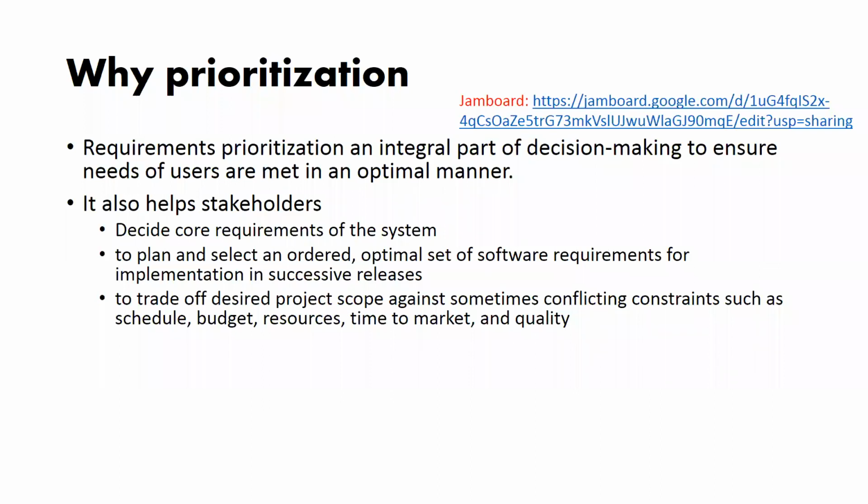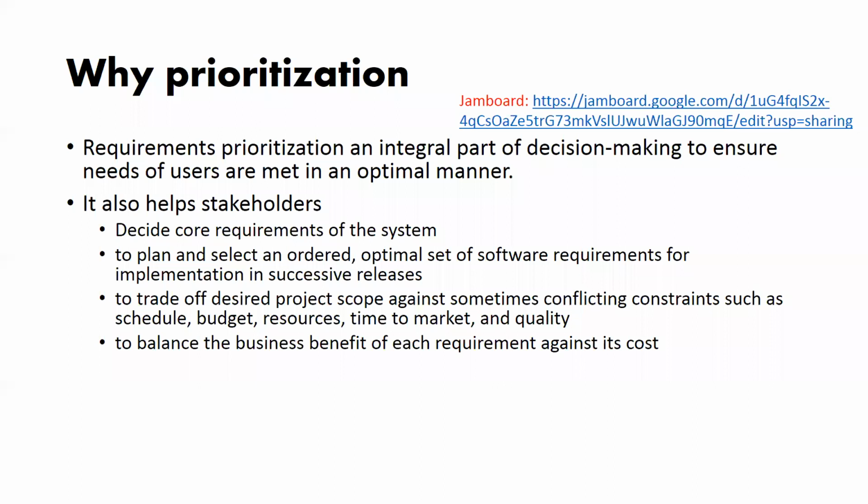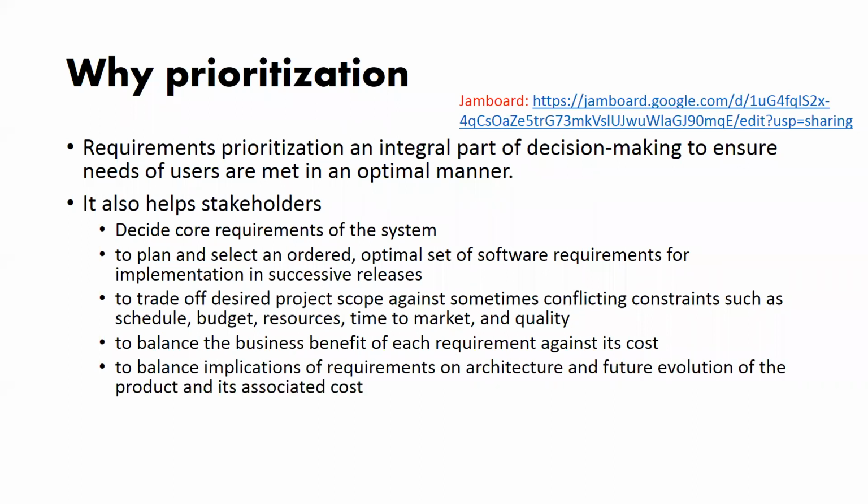A lot of constraints come in. Not everything can be done in one day. So this is also one of the ways to order the requirements, which goes first. Then balance the business benefit of each requirement against its cost. Balance the implication of the requirements on architecture and future evolution, because you are building a product, not a project where there is an end date.